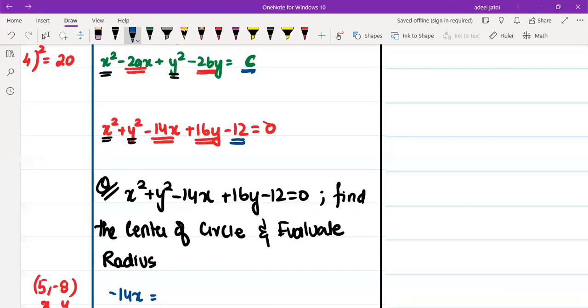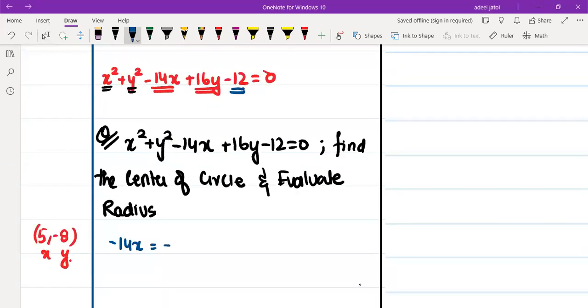You need to understand this -2ax is from here.